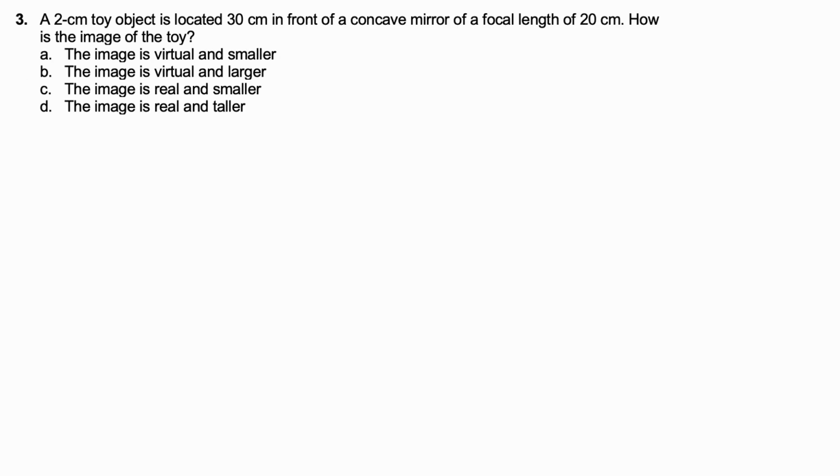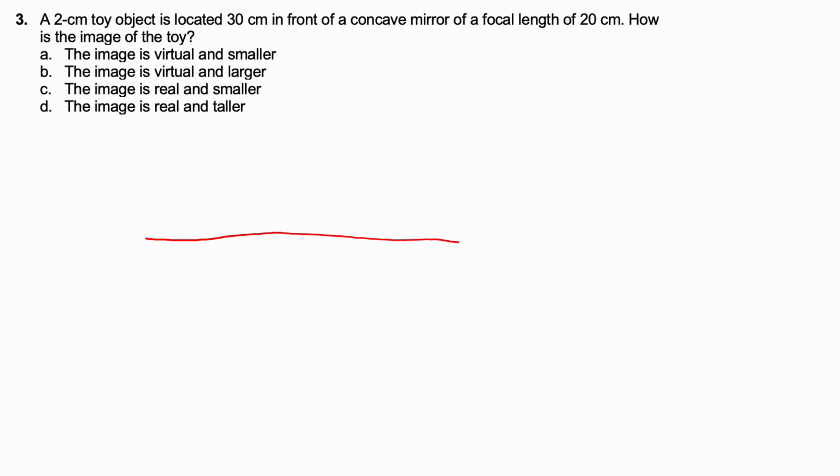The next problem is multi-choice question number 3, and they told us that we have a 2 centimeter toy object that is located 30 centimeters in front of a concave mirror, whose focal length is 20. And we need to know what the features of the image are.